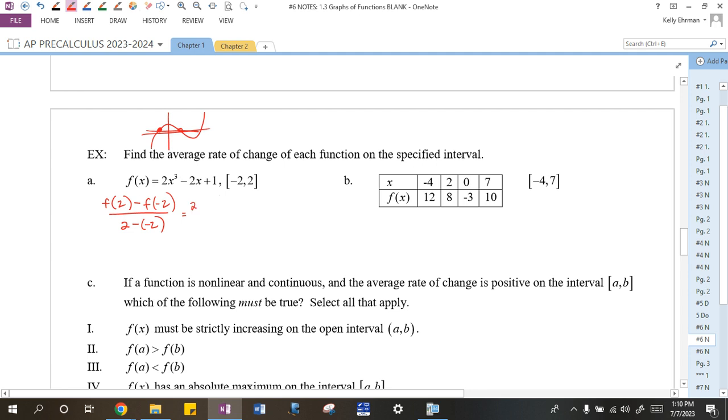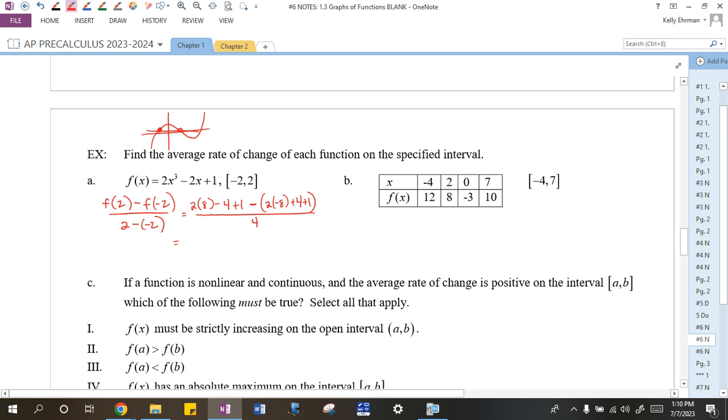All right, what do we get when we plug in 2? We get 2 times 8 minus 2 times 2, so minus 4 plus 1, minus, use parentheses here. What do we get when we plug in -2? We get 2 times -8 plus 4 plus 1. All of it's over 2 plus 2 is 4. We get 16 minus 4 plus 1.